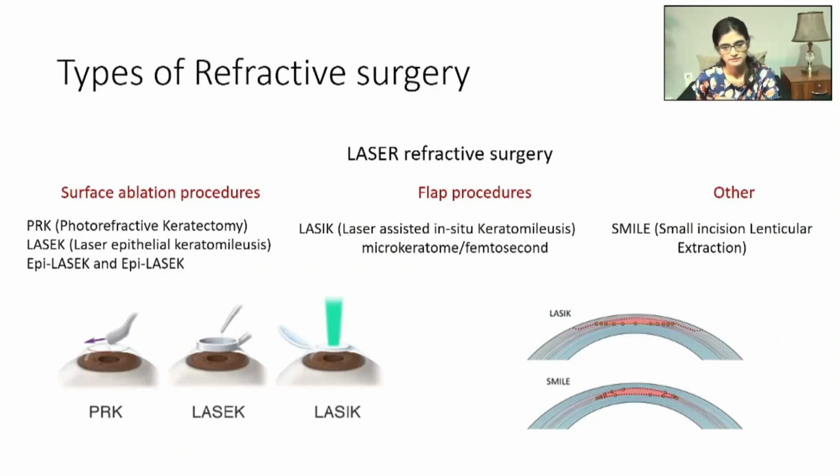So this is just the classification of refractive surgery, just to understand that there are many types of laser procedures, and not all will benefit all types of refractive errors. And of course you have to get the opinion of an experienced refractive surgeon to understand whether your type of refractive error can undergo laser surgery.